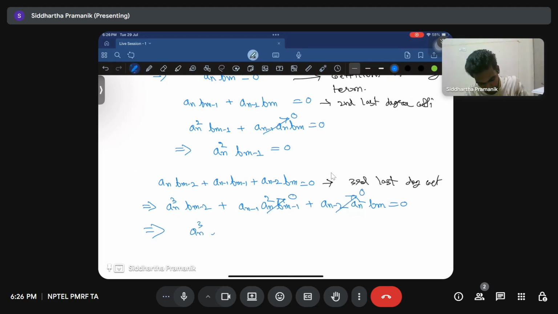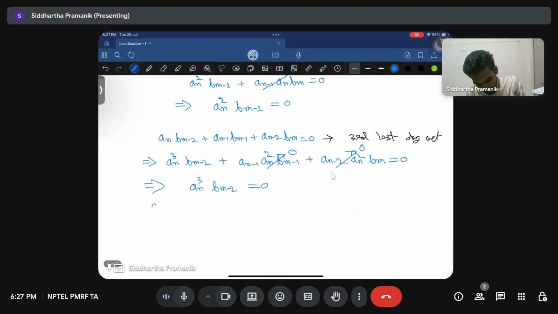An cube bm minus 2 is 0. So now continuing this, we will get an b0, where the power of an is m plus 1. This element will be 0.